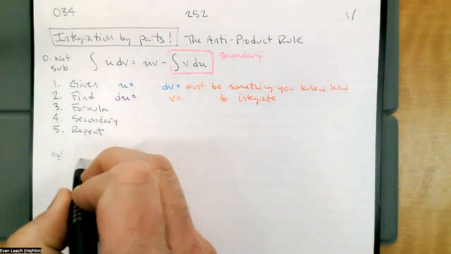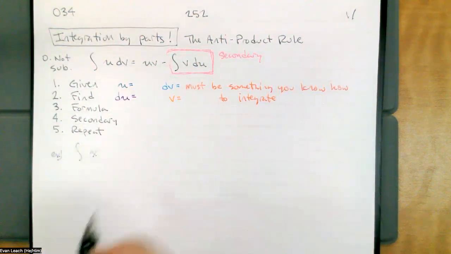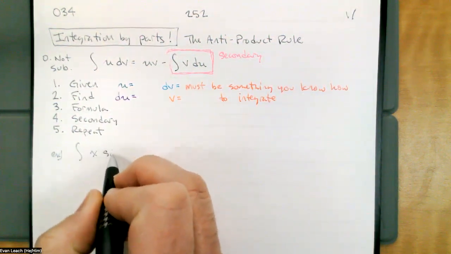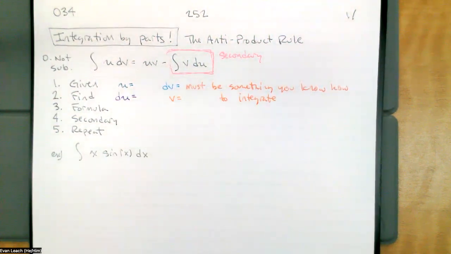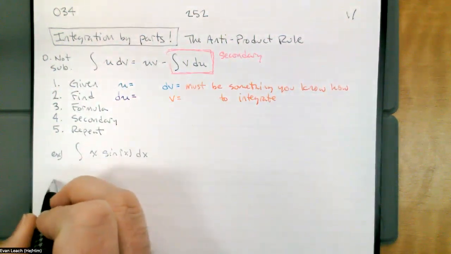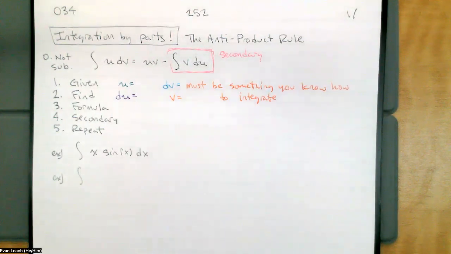If you recall, yesterday we integrated x times sine x dx. The first thing that we want to do when we plan on integrating by parts, we have to make sure that our integral is not a substitution.